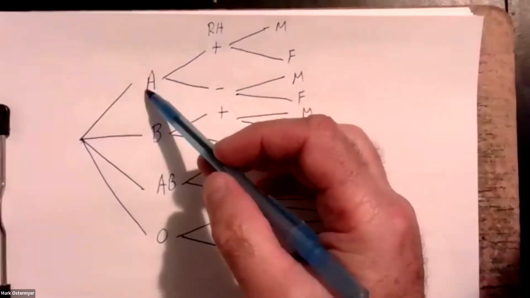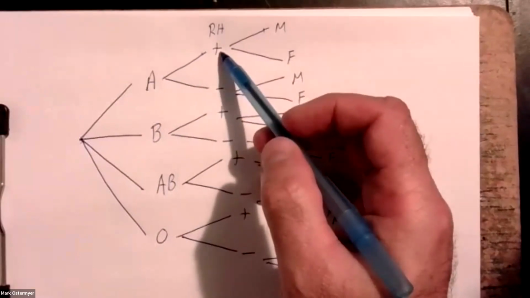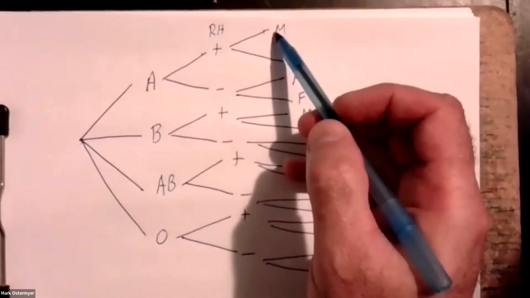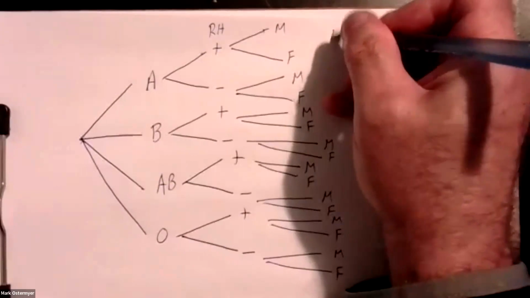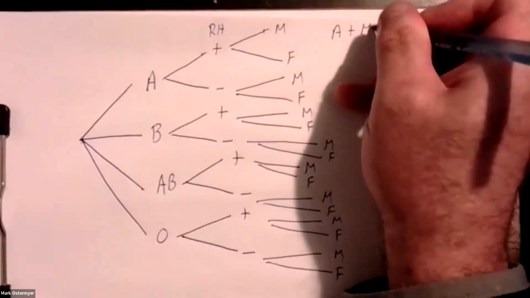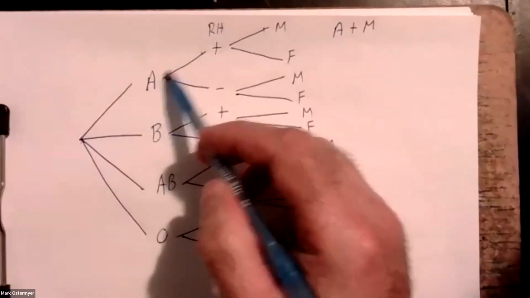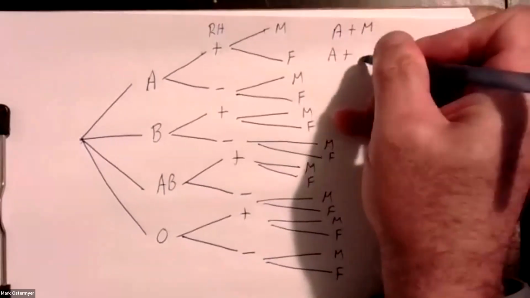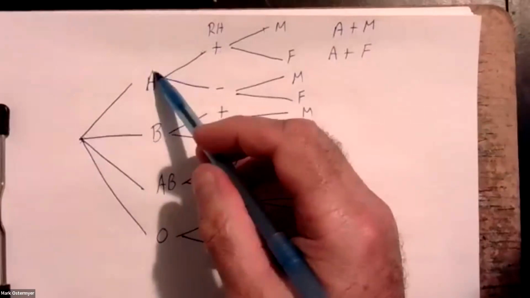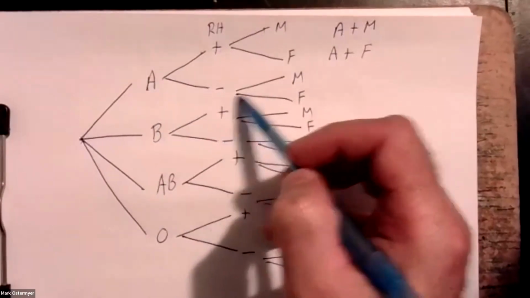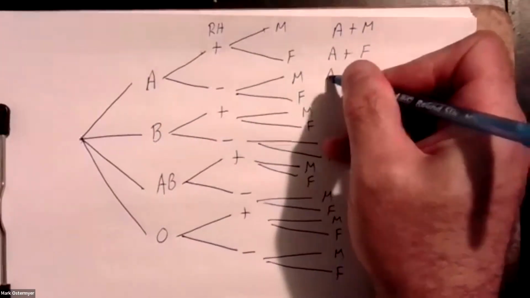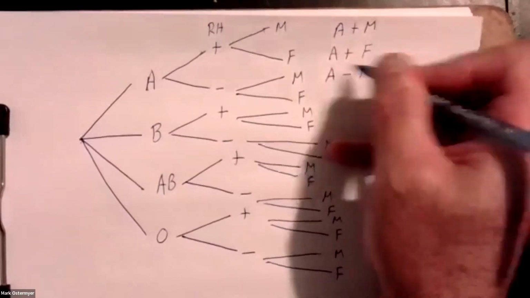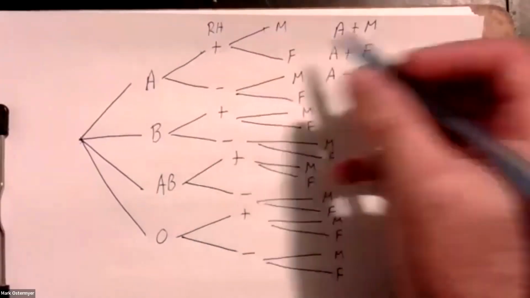For instance, you could have type A blood with an Rh positive factor, and the person could be a male. So you could have A positive male, or A positive female. You could have type A blood, negative Rh factor and male, so A negative male, A negative female.